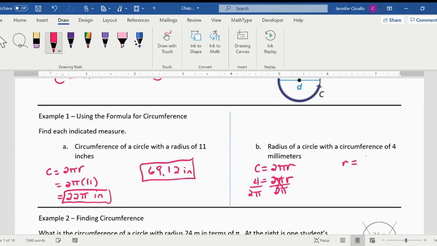So the radius is 2 over pi millimeters. If I say leave your answer in terms of pi, that's an exact answer. That would be your answer. But if I say round to the nearest hundredth, that is 0.64 millimeters. So those are the 2 different answers I might ask for.